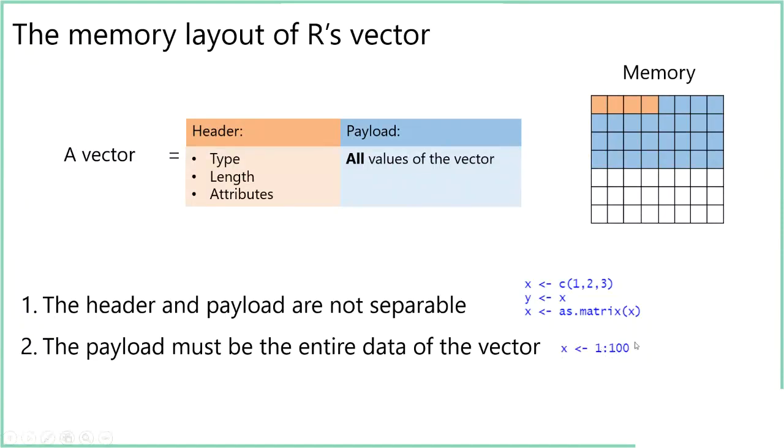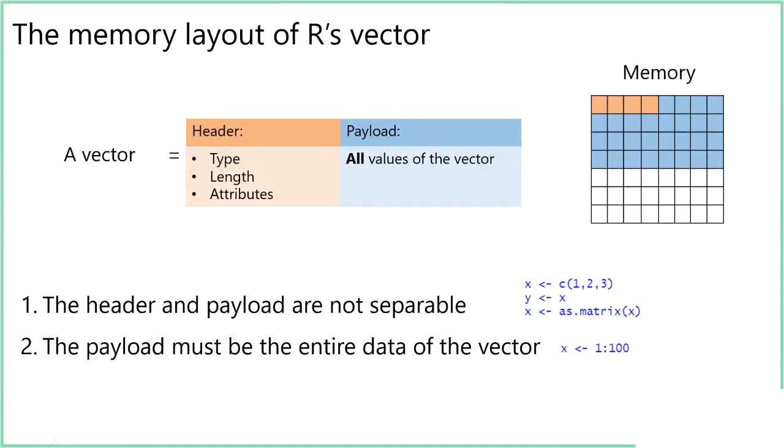However, this is not possible with a regular vector. It has such restrictions: the header and the payload are sealed together, and your payload must be the entire data. So the first cell in memory is the first element in the vector, the second one is the second element, and so on. That's the motivation for ALTREP.